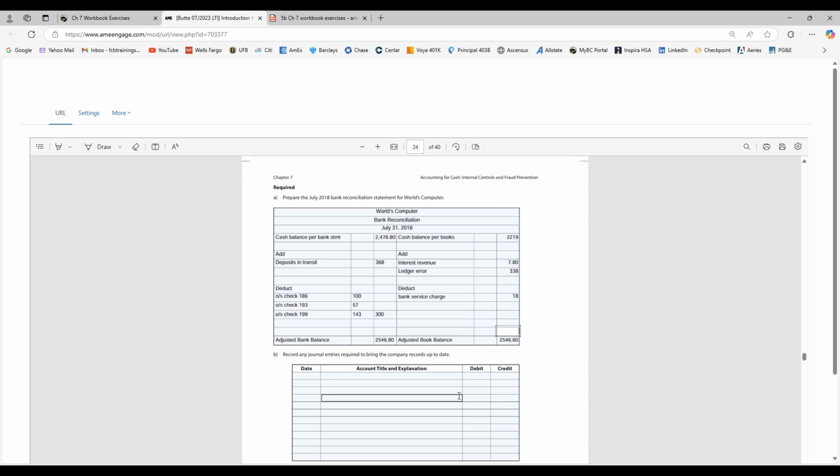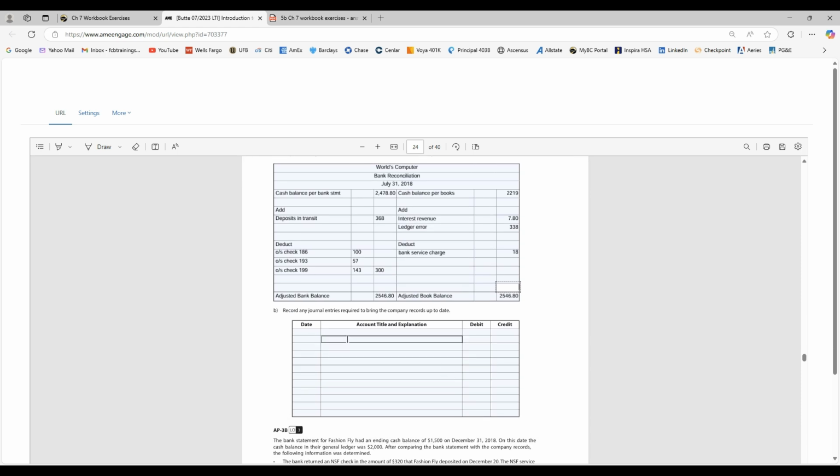Okay, so we're all reconciled, and now we need to do some journal entries. I'm going to follow the way that the book does it here and separate out each journal entry. I generally like to include them as compound entries, but we'll do it how the book does it for our purposes. Each one of the addition entries is going to have a debit to cash, because what we're doing is adding back to the cash balance.